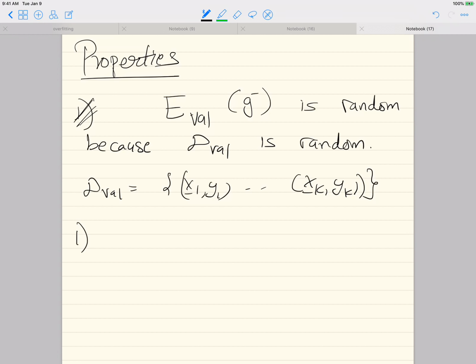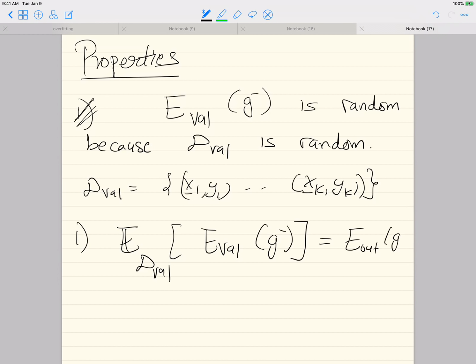Now, if I take the expected value of Eval of G minus, and take the expectation with respect to Dval, this is in fact going to equal E_out of G minus. This will be the test error. This is known as the unbiased estimate.